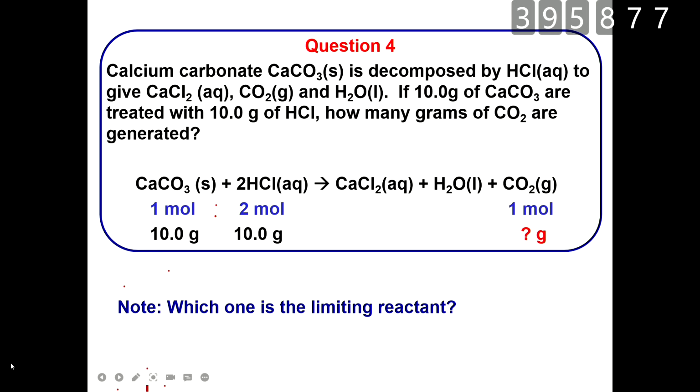The number of moles you have found is 0.1, and then the mass we need is the molar mass of carbon dioxide. Carbon is 12, oxygen is 16 times 2. So it will be 44, right? And 0.1 times 44.